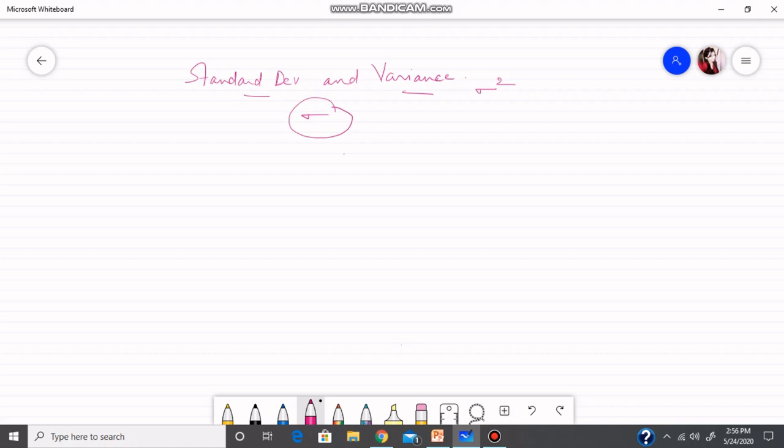So with a little observation, you can see that the standard deviation is the square root of variance. So this is the relation that exists between the standard deviation and variance. So what is a standard deviation? Standard deviation is the measure of closeness of the numbers from the mean.